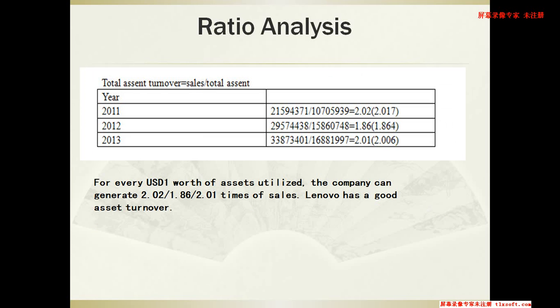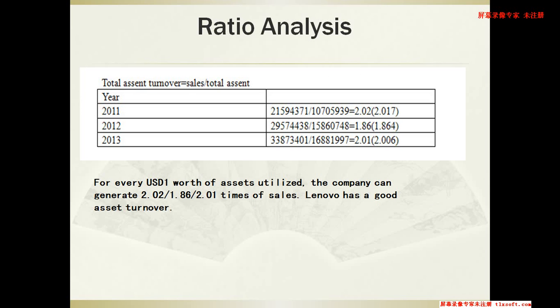Now we are looking at total assets turnover. For every $1 of assets utilized, the Lenovo company can generate 2.02 in 2011, but it dropped from 2011.